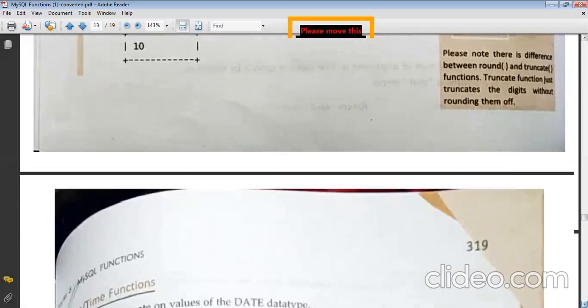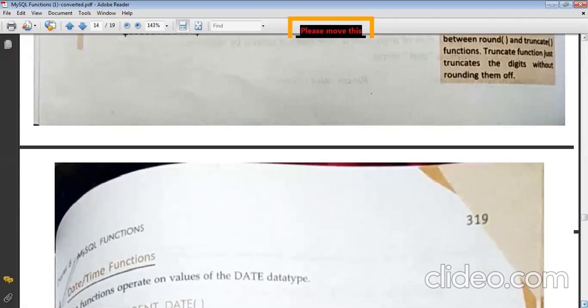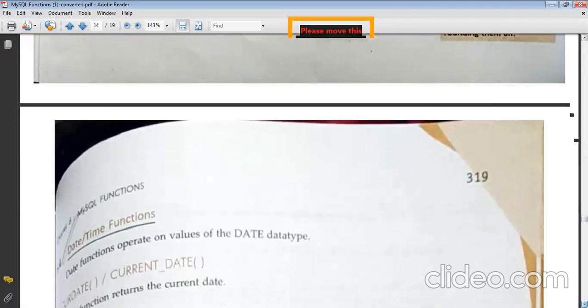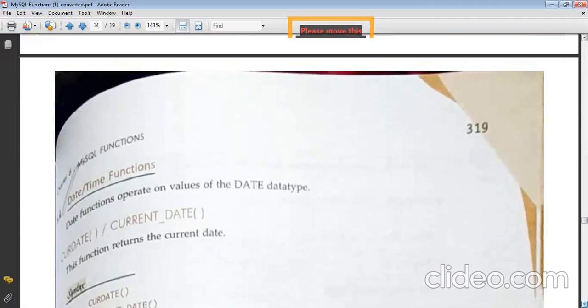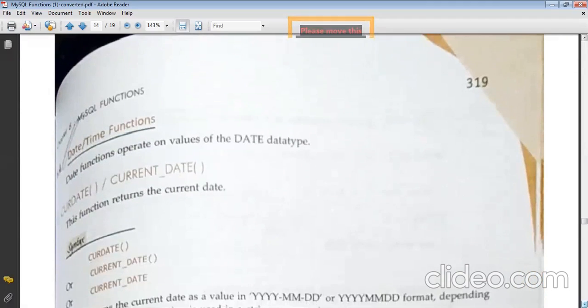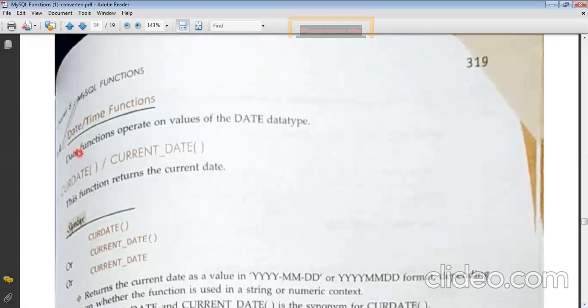So this was all your numeric functions. We are all done with numeric functions. The next function you have to study is the date and time function. Date functions operate on values of the date data type.